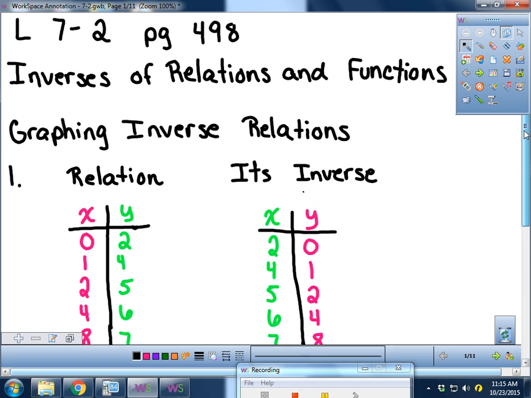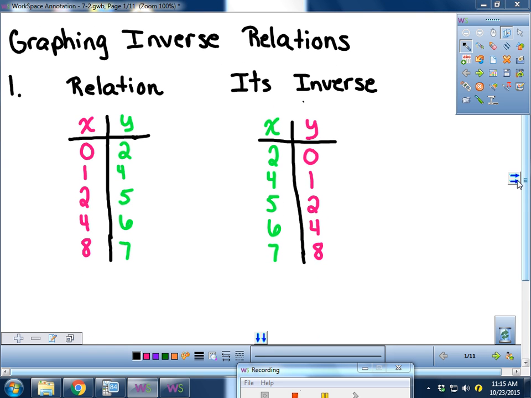So, for instance, if this is my relation, let's say that I have x values of 0, 1, 2, 4, 8, and corresponding y values of 2, 4, 5, 6, and 7. This is the relation that I'm starting with.